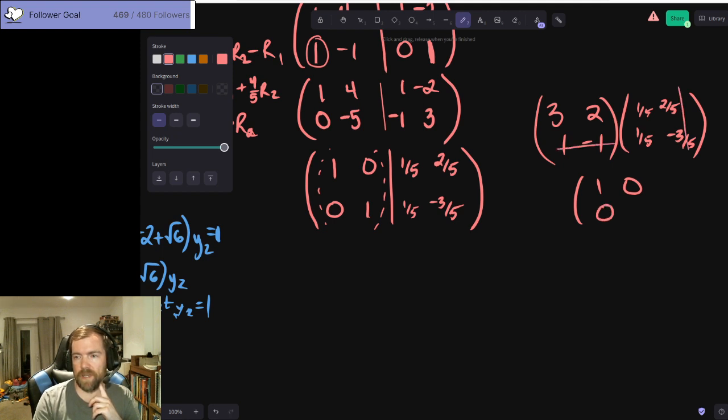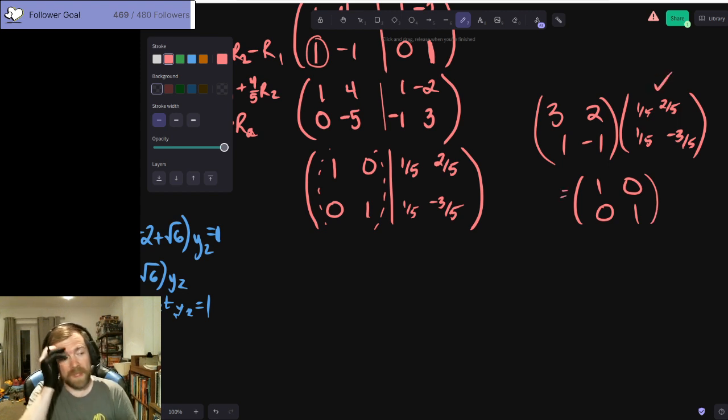Second row, second column is a positive 2/5 and a positive 3/5 after you multiply the values together, and yeah, you get the identity matrix. So yep, this is our A inverse given the A that we had, 3, 2, 1, -1. Cool.